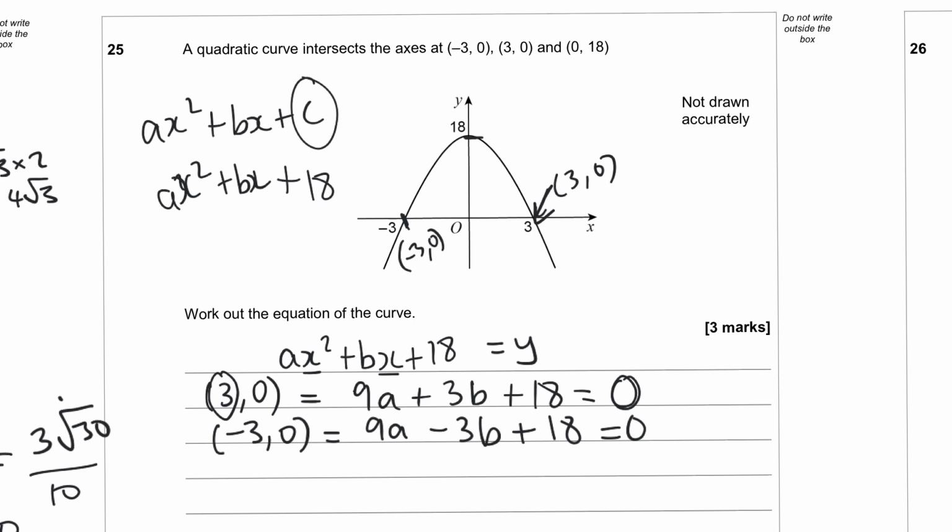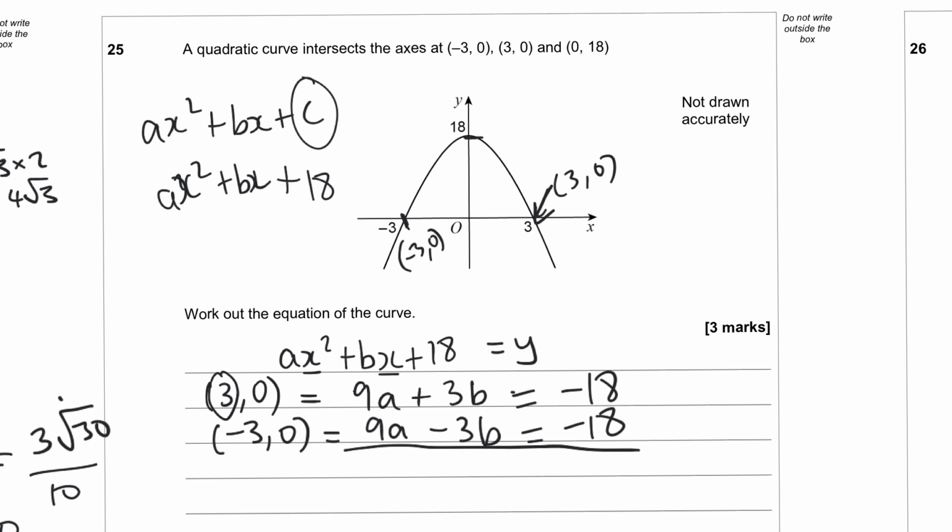Because everything is equal to 0, we can rearrange this by taking away 18 from both of them, and by doing that, both of those are equal to negative 18.